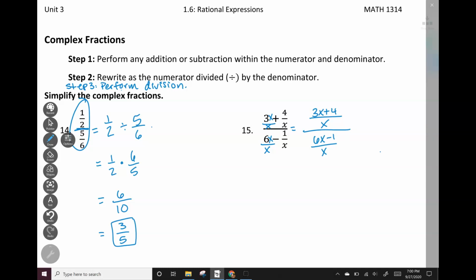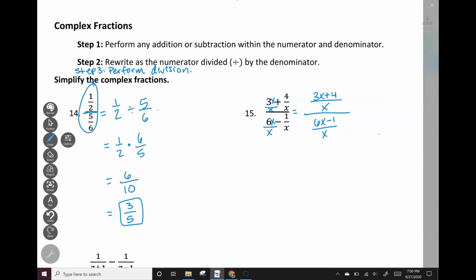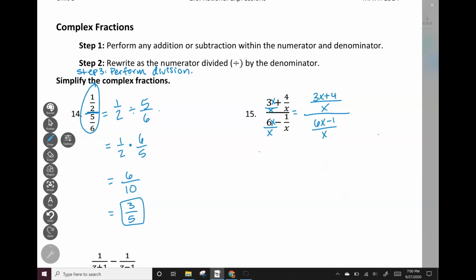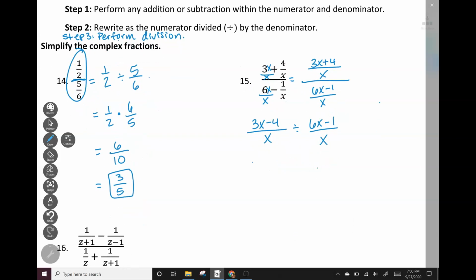Now I'm going to rewrite this as numerator divided by denominator. So 3x plus 4 over x divided by 6x minus 1 over x. Now you should know how to do the rest of that. You flip the second fraction and change it to multiplication.